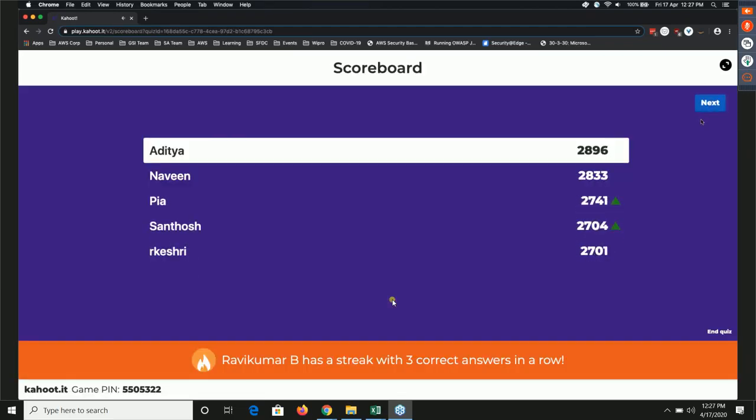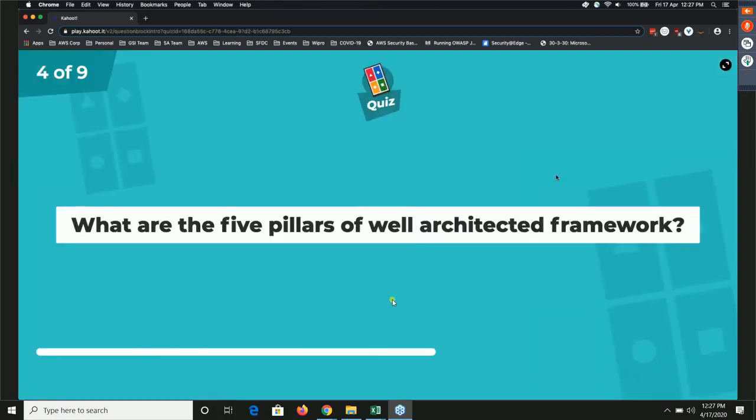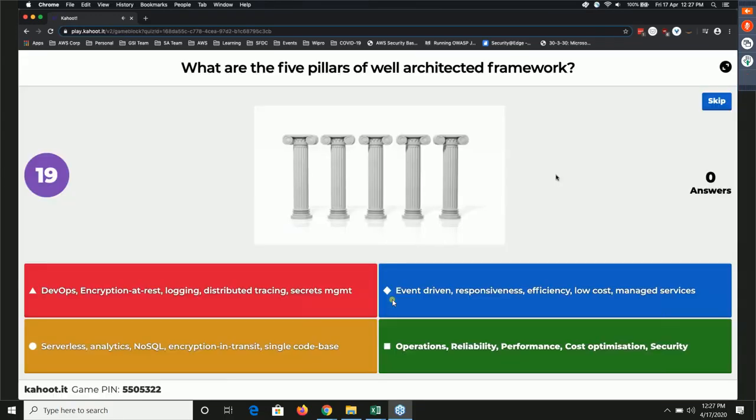All right, Ravi Kumar B, 3 correct answers in a row, and we have a bit of a change in the leaderboard here. Very nice. Okay, now this should be fairly simple. Let's see. This should be 100% correct.